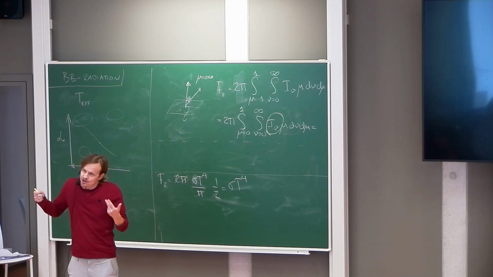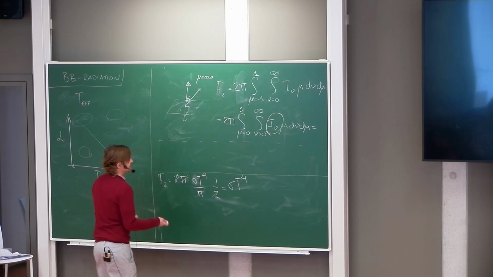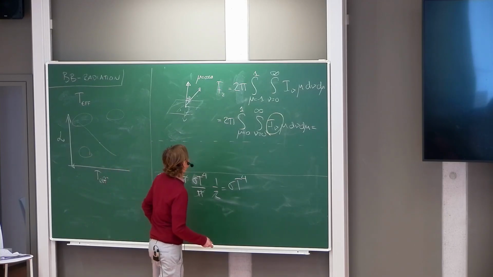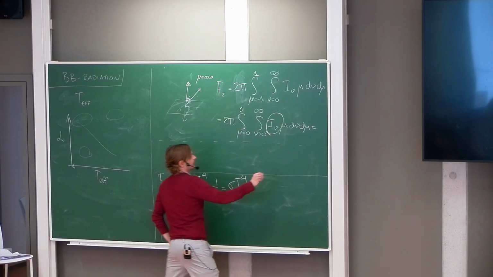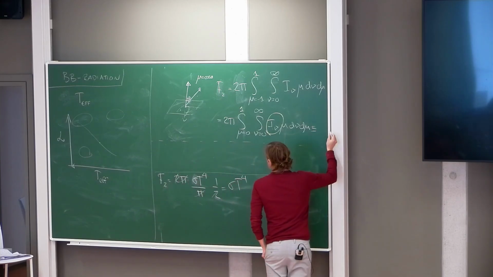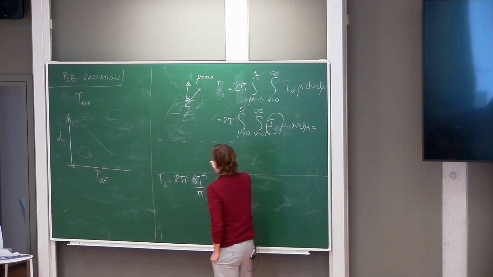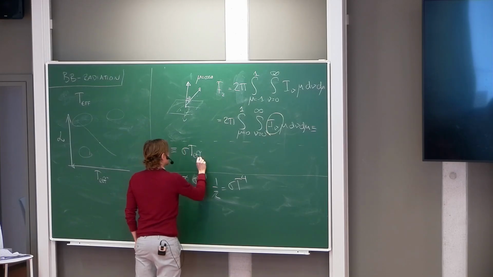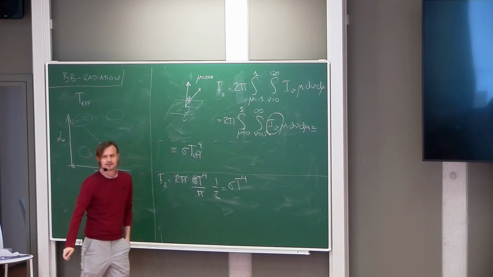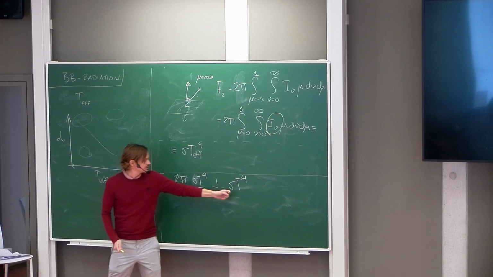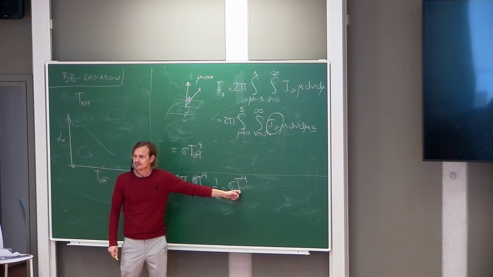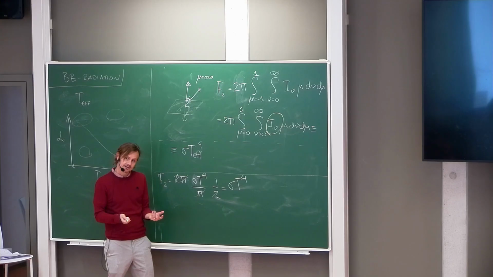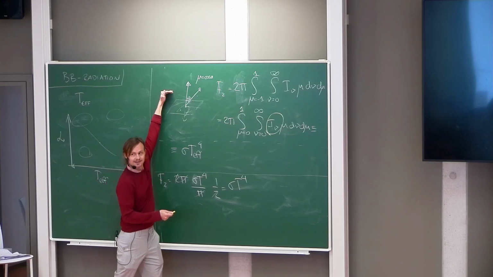So a convenient way to say this instead is that we're going to define this as sigma T_eff^4, which uses this relation, which was derived for a black body emitting only in the positive direction.